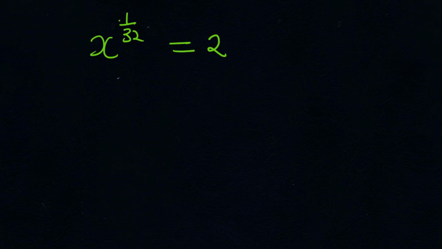But remember, we are looking for the value of x, so we are going to multiply both sides, the left hand side and the right hand side, with the exponent of the reciprocal of the exponent of x. So basically we are going to come here and say 1 over 32, the reciprocal is going to be 32 over 1, in such a way that this 32 is going to cancel with this one, and this is going to cancel with this one, and in the end we are going to have x to the power of 1, which is basically x.